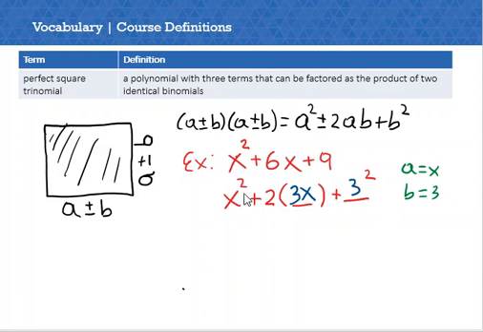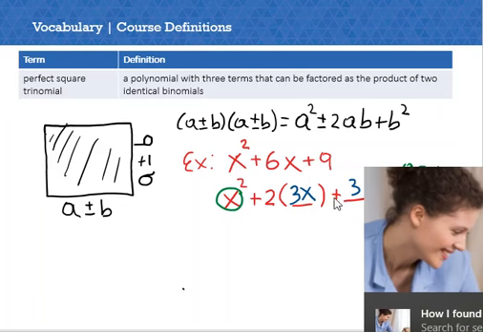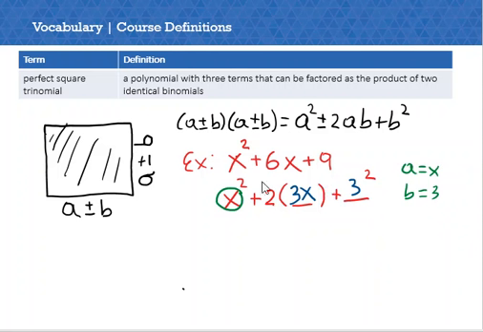And so we're just going to follow this formula. We will take x, we will take plus, because it's plus in this particular instance, and we will take this 3, because the formula says a plus b times a plus b.